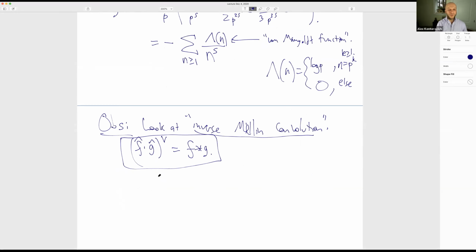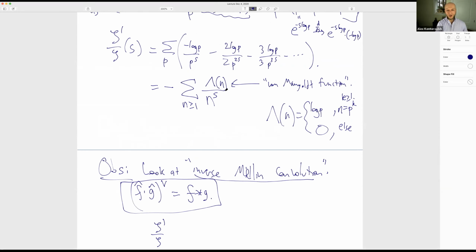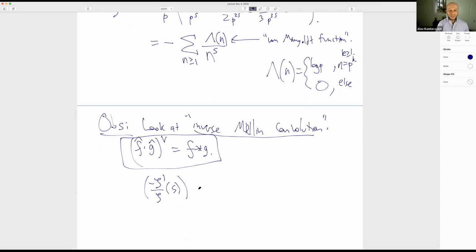But here's what I want to do. I want to take the function zeta prime over zeta. Let me move this minus sign to the other side. What I really want is this: the function negative zeta prime over zeta at s. I'll multiply it by some test function. In fact, let's make this the Mellin transform of something.